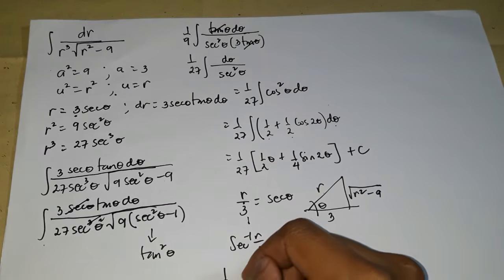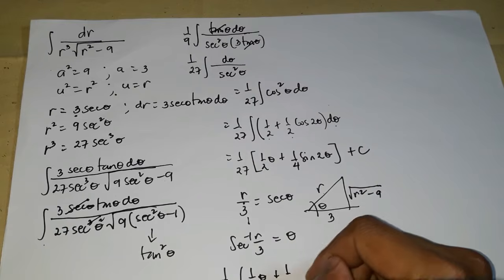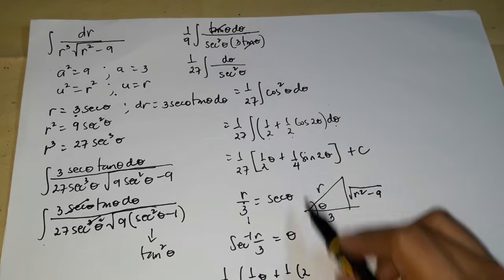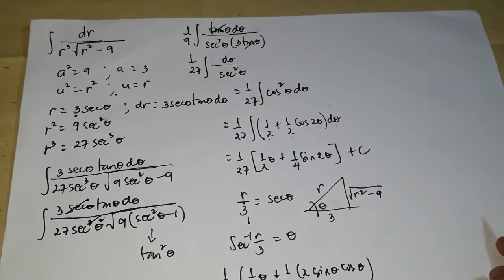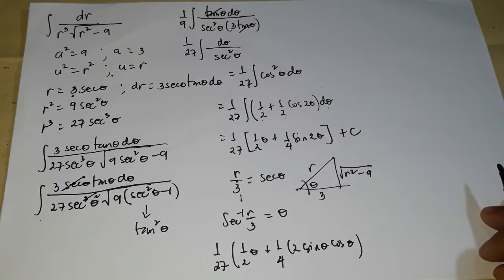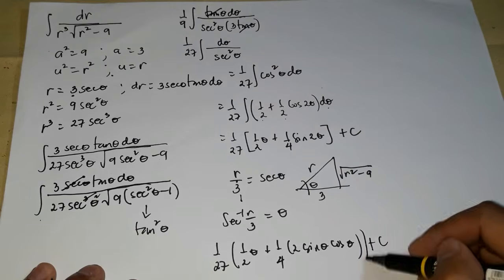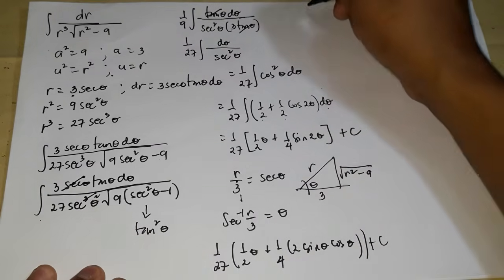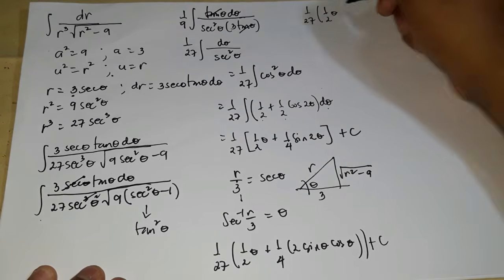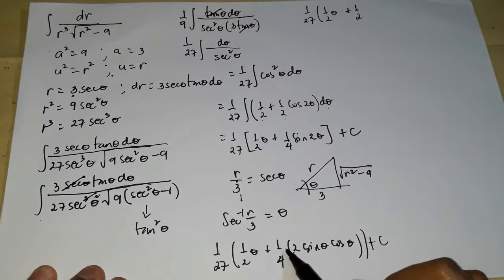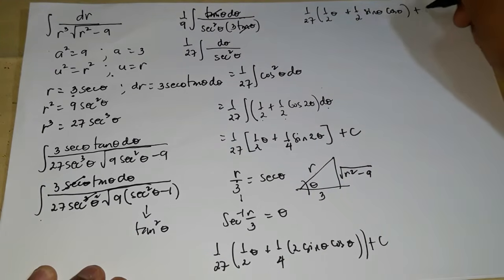So that will become 1 over 27 times 1/2 theta plus 1/4 times sine 2 theta, which is 2 sine theta cosine theta, plus c. You can just multiply this 2 to 1/4. So we have 1 over 27 times 1/2 theta plus 1/2, that's 1/4 times 2, and then copy sine theta cosine theta plus c.